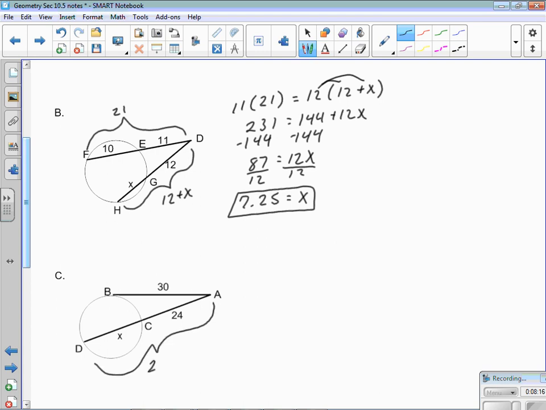We have 24 plus x for the whole length of that secant segment. So we're going to have the outside portion, 24, times the whole thing, 24 plus x, is going to equal the tangent segment squared, 30 squared.